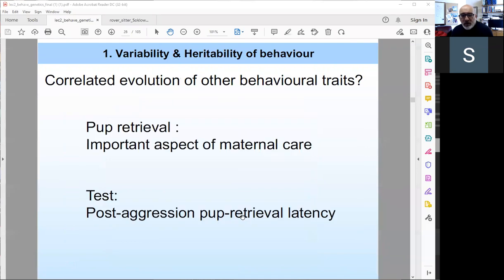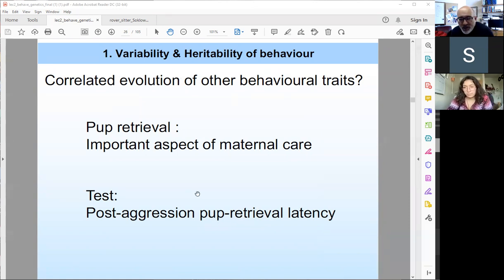So last time you'll recall, we've been talking about behavior and genetics, in particular trying to understand the heritability of behavior.